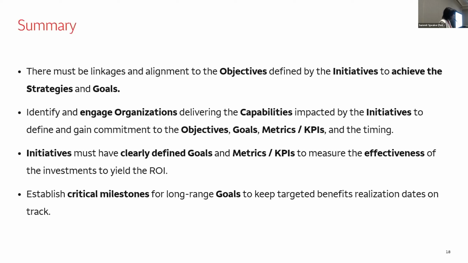Initiatives also have to clearly define the goals, metrics, and KPIs to measure the effectiveness of the investments that yield the return on the investment. And because if you're doing large-scale transformations, think about how you can establish critical milestones for some of those longer range goals to keep targeted on the benefits realization date and keep that on track.